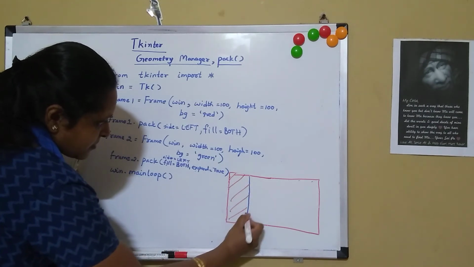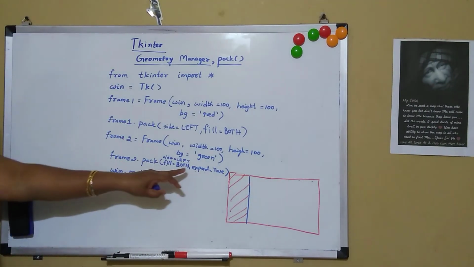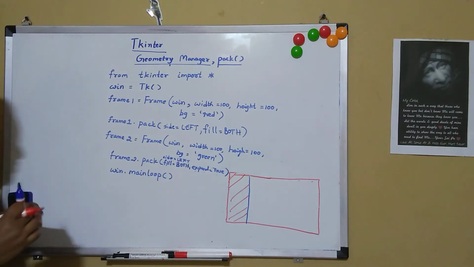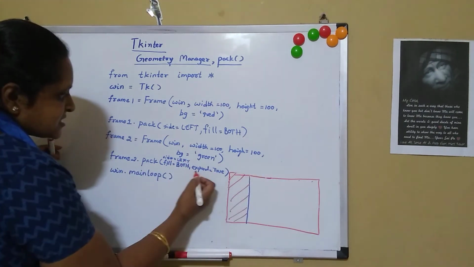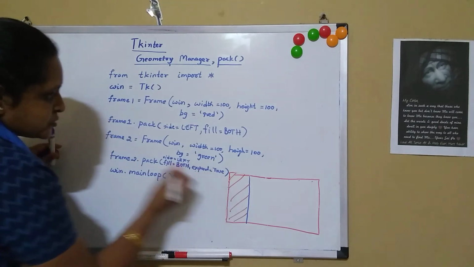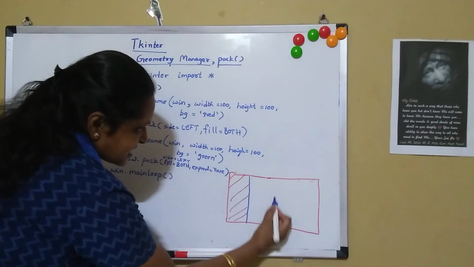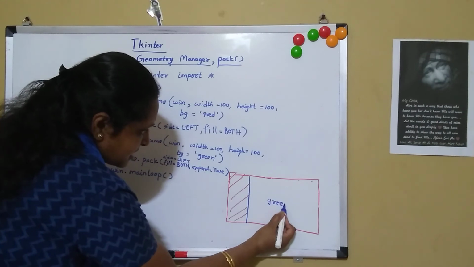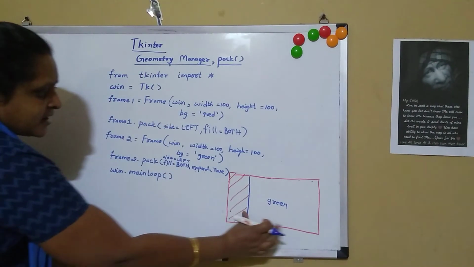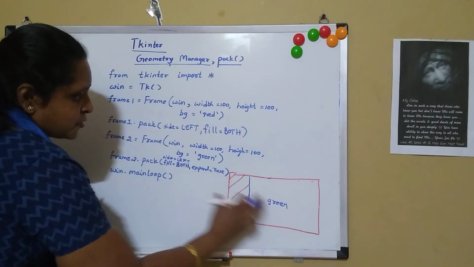And now my green frame is also having side equal to left. So since I have given expand equal to true, it will expand to the entire screen. So the entire screen now will be green. So this much will be red, and since expand equal to true, the green frame will expand and cover the entire screen.